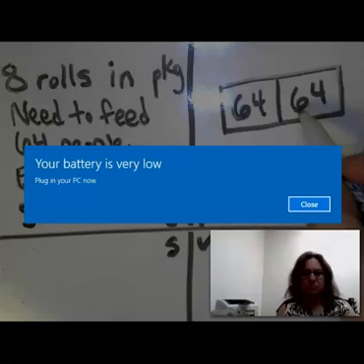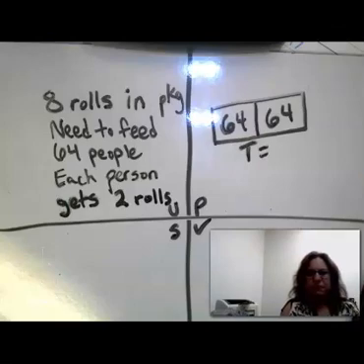Let's begin by estimating. Let's round this to the tens place. So that would be rounded down to 60, right? So our estimate would be 60 plus 60, which equals 120.